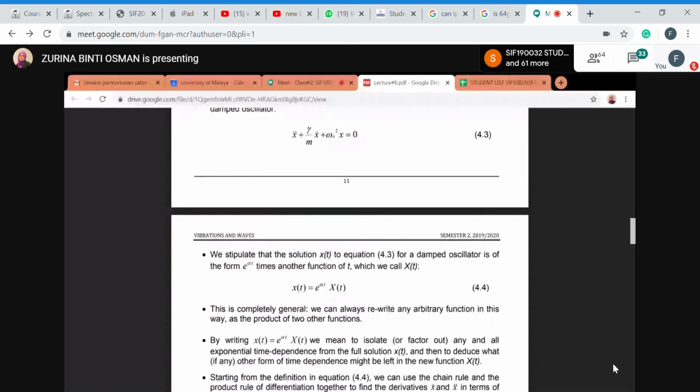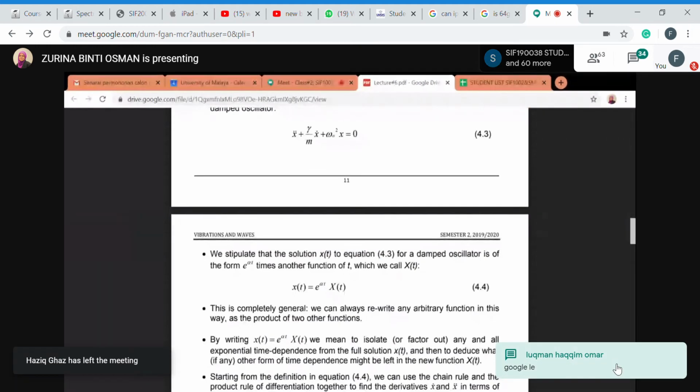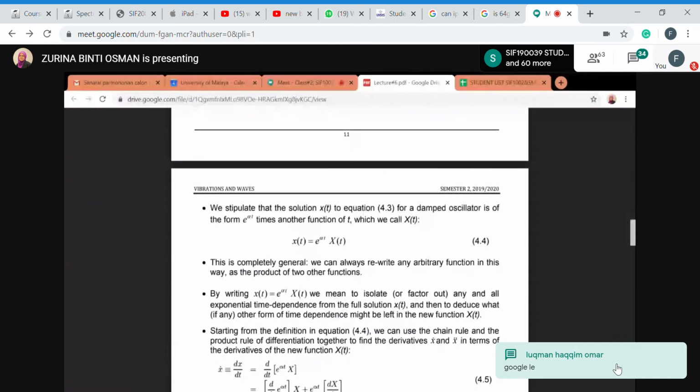Now our job is to find the solution for this. It will be complicated compared to simple harmonic motion, so we're going to do this.